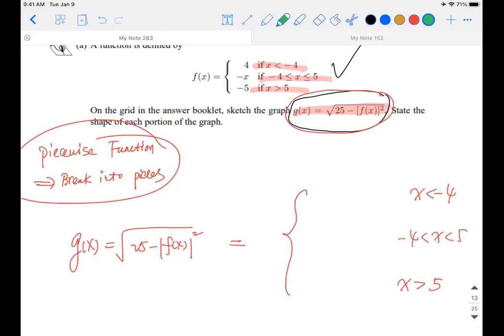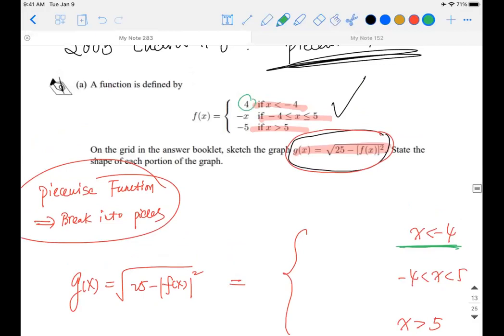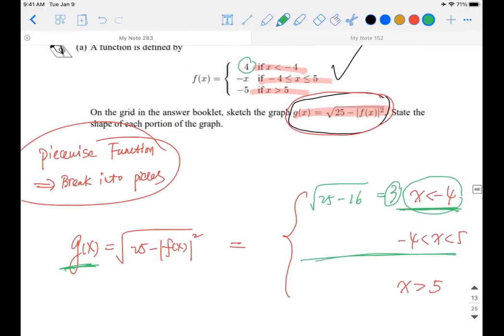As long as x is less than -4, f(x) is a constant function, that's easy. 25 minus constant, full perfect square, so that one is 3. That means as long as x is less than -4, g(x) is a constant function. The middle part, I'm going to leave it here for a sec.